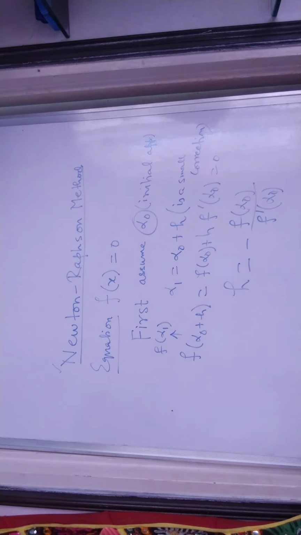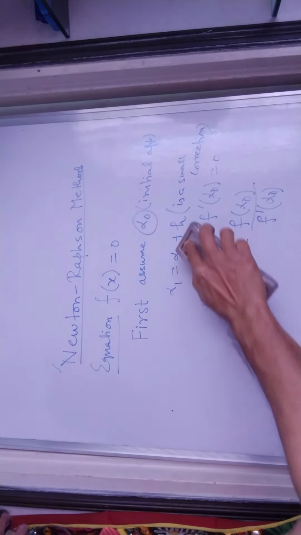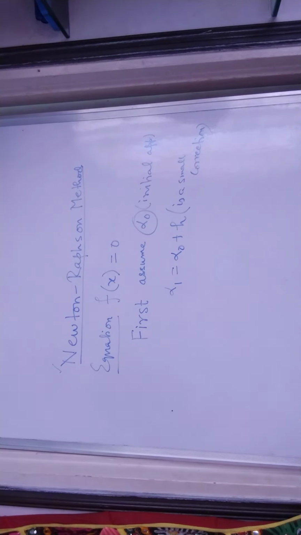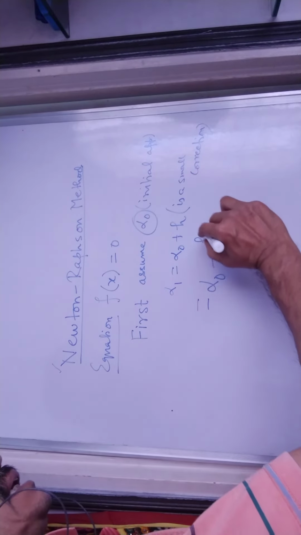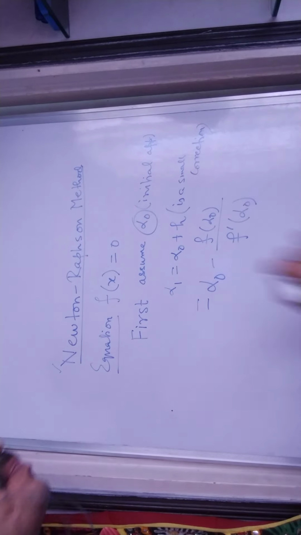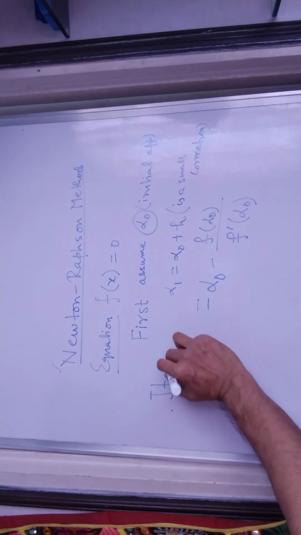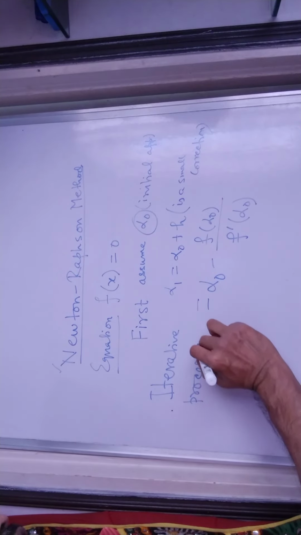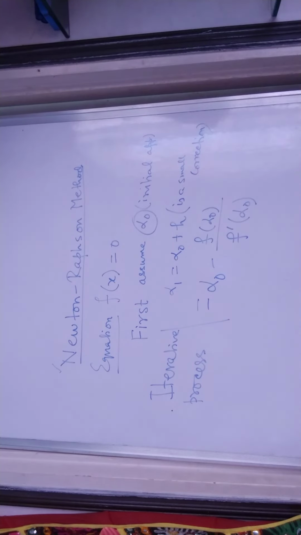So what will be the value of alpha 1? Alpha 1 will have value alpha 0 minus f of alpha 0 by f prime alpha 0, isn't it so? And this is also an iterative process, or repetitive process. So we repeat this. So what is the recurrence relation?